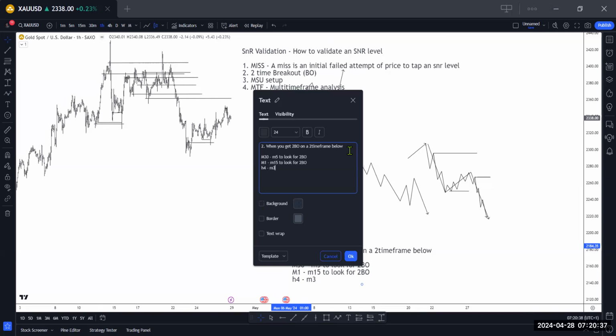M30. So look for two-time breakouts. If you see it on the daily, go to H1 to look for two-time breakouts. So you go two time frames below to look for two-time breakouts.